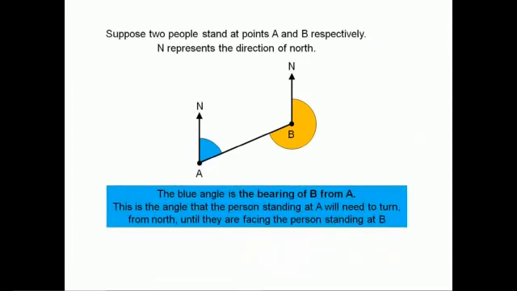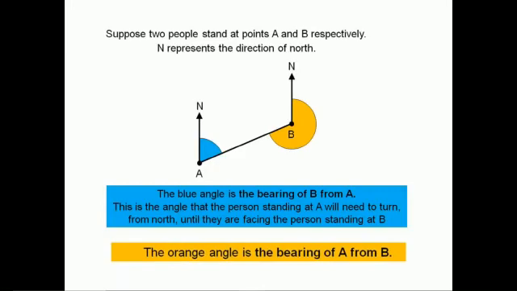The blue angle is the bearing of B from A. In this bearing, it is very important to check from where, from A. From A means you have to start from A, the line at point A, a little up, and make a clockwise line, so you will reach the line between A and B. The orange angle is the bearing of A from B. I repeat, from B, that is very important.